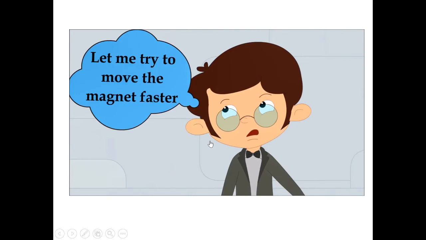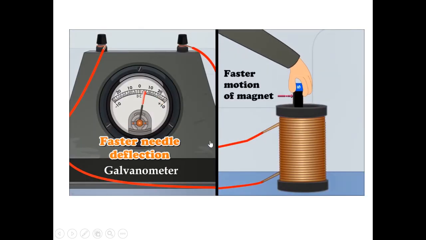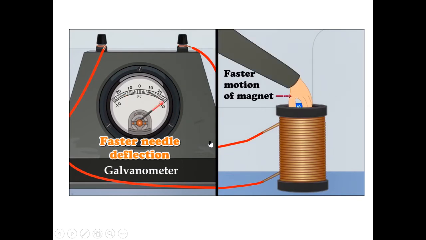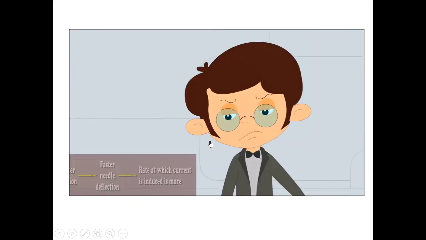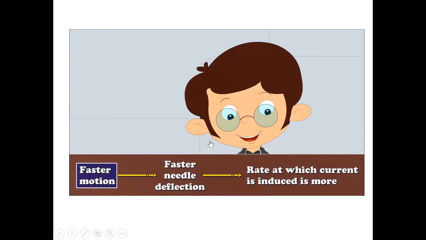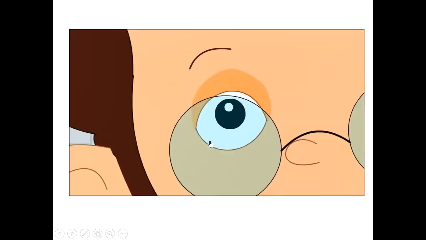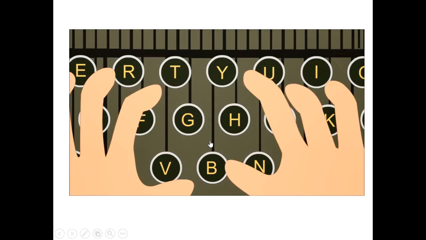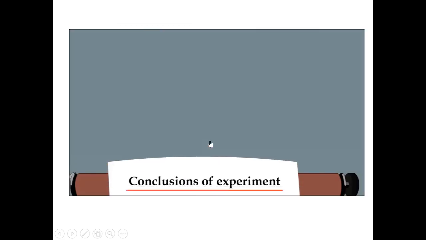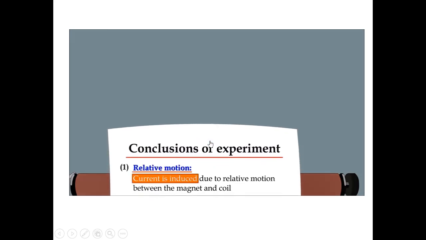Let me try to move the magnet faster. Faster motion of the magnet, faster needle deflection. The rate at which current is induced is more. This is the conclusion of the experiment.